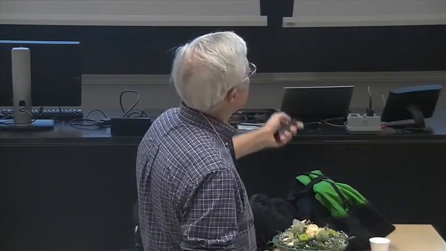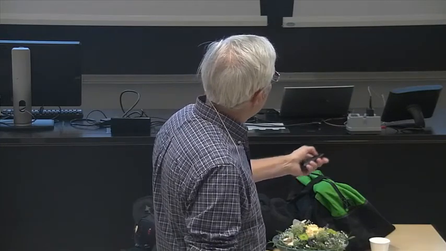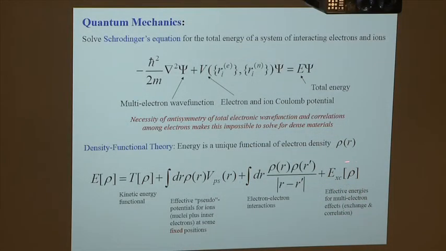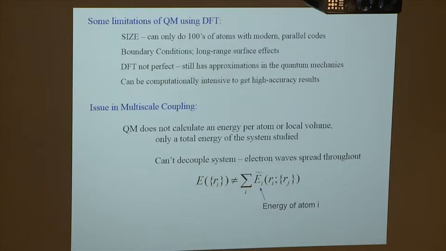DFT is still not perfect, because if we go back, this thing is approximated, and the quality of the approximation, for which there are not really exact results, determines the outcome of the results, and there are other simplifications.